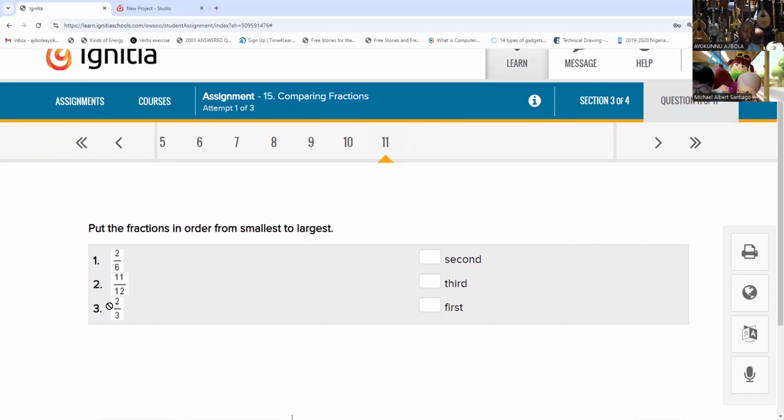So 8 at the bottom, 11 at the middle point. 6 in 12 is 2. 2 times 2 is 4. So we have 8, 11, and 4. 4 is the smallest, which is 1. Then 8 is the second one. And this is the biggest.